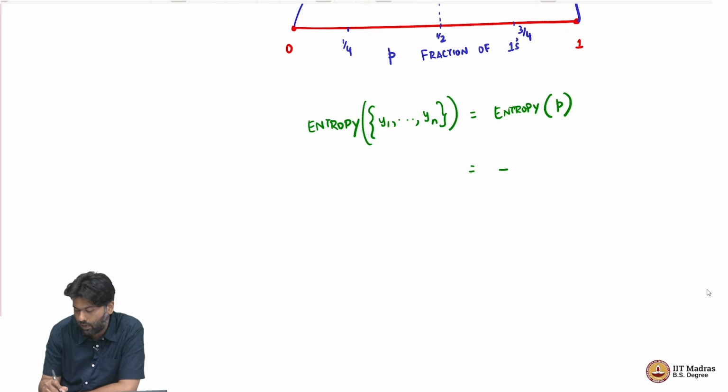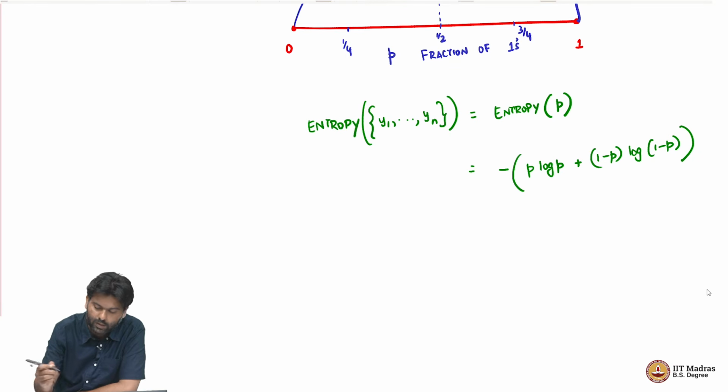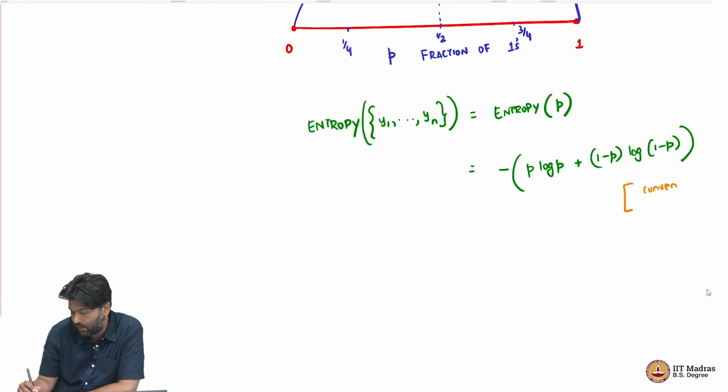It is defined as minus p logarithm p plus 1 minus p logarithm 1 minus p, with the convention that log of 0 you should treat as 0.